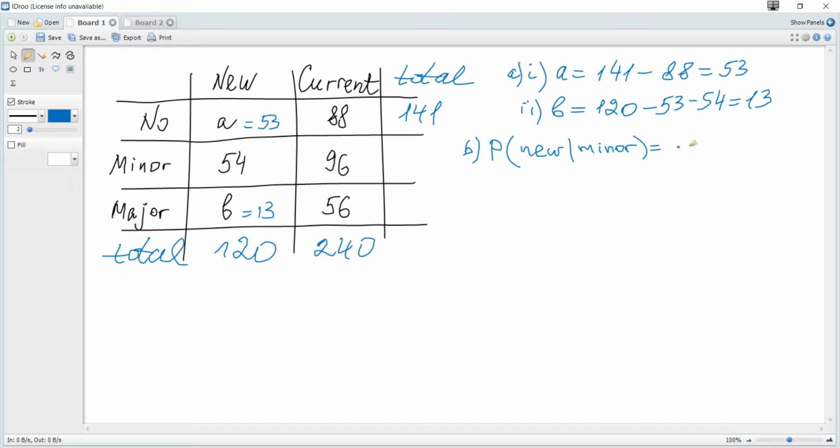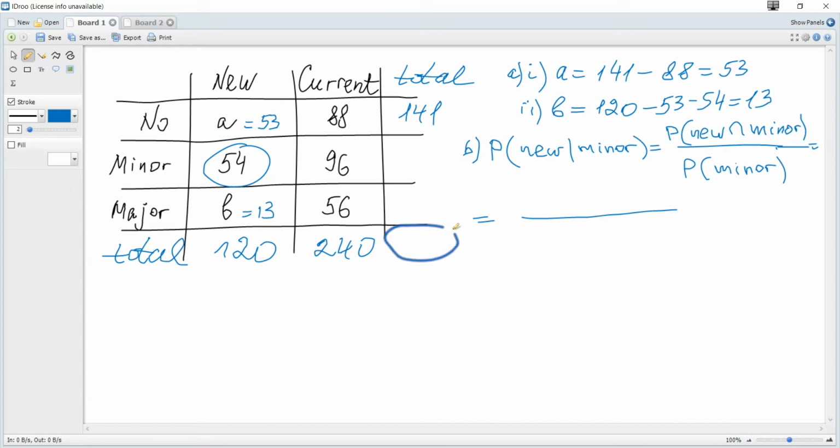And you remember the formula: it's the probability of new and minor, divided by the probability of the given, so the probability of minor. In terms of probability, new and minor is 54 out of the grand total, and the denominator will also be something divided by this grand total, and the grand total just cancels.